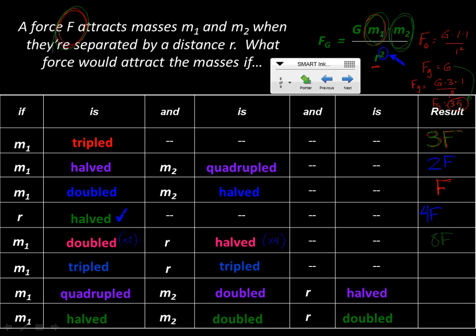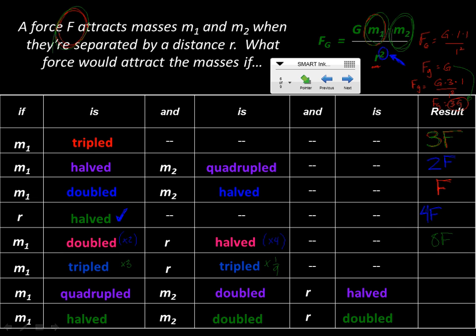All right, let's triple M1. Well, that would give us 3 times the force. Let's triple R. Let's see how well we figured this out from our first discussion of what happens when you change R. If we triple R, R gets 3 times bigger. F gets 3 squared times smaller, or times 1 over 9.